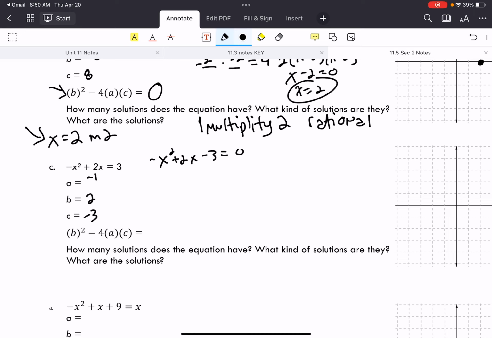Everybody's finding their discriminant, and they're going to tell me how many answers it has and what type. Negative 1.